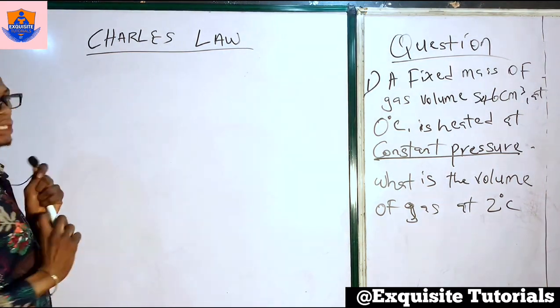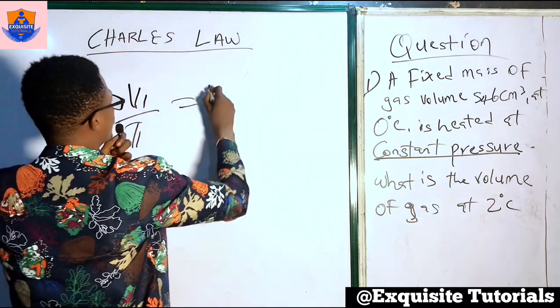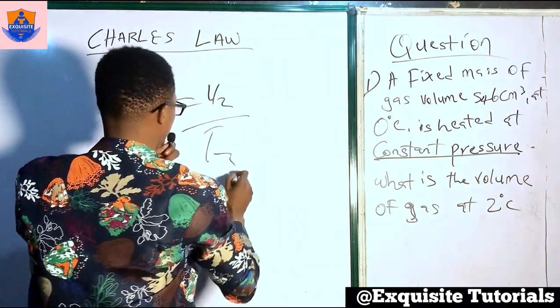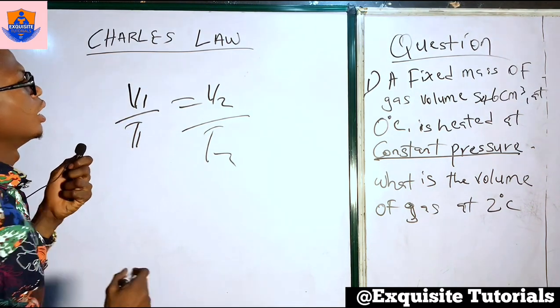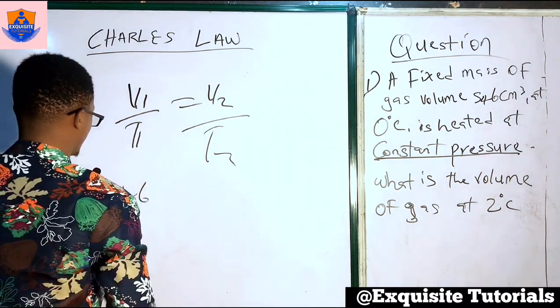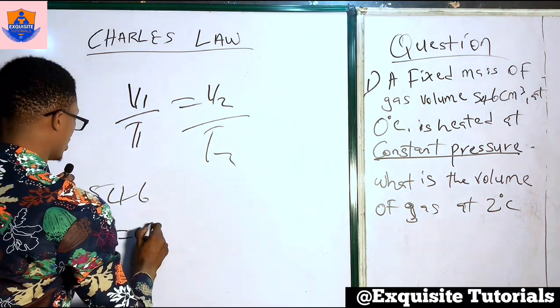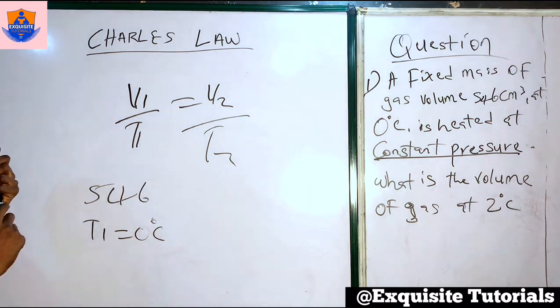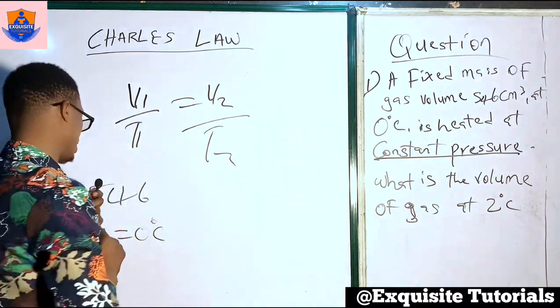Now bring it back. This is our formula: V1 over T1 is equal to V2 over T2. We have that our V1 is 546. Our T1 is 0 degrees Celsius. Now remember, I told you how to convert from degrees Celsius to Kelvin, because we are going to be using Kelvin in calculations.